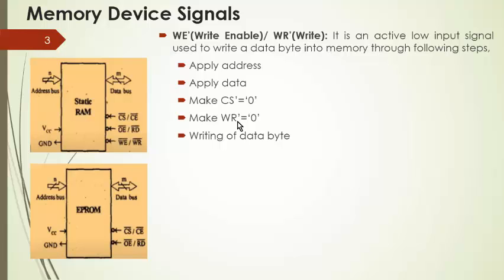Then to write data in the memory at a specific location, the processor will make WR bar equal to 0, and after that the data from the processor to memory gets transferred by using the data bus. So these are the steps involved during the data writing process in the memory IC.